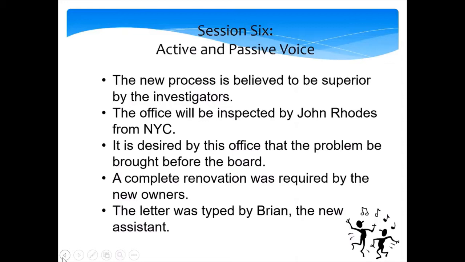It is desired by this office that the problem be brought before the board. Complete renovation was required by the new owners. The letter was typed by Brian, the new assistant.